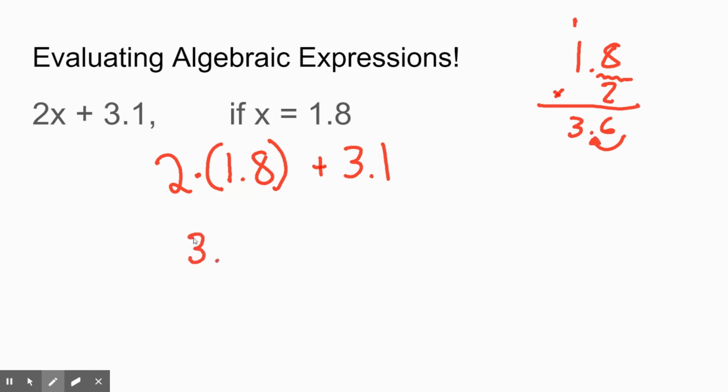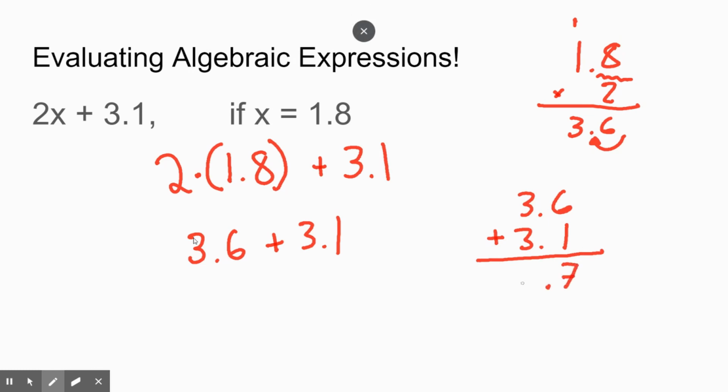So if we rewrite this, we're going to have 3.6 plus 3.1. Now when we add decimals, this is where we want to make sure that our decimal points are lined up, our place values are lined up. And then we just add like normal. 6 plus 1 is 7. Our decimal point is here. 3 plus 3 is 6.